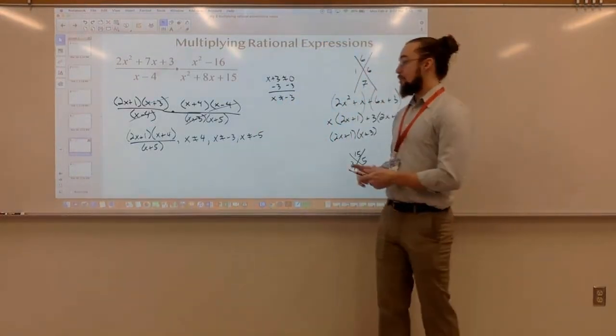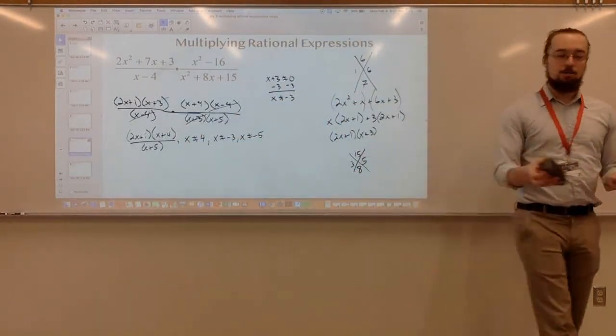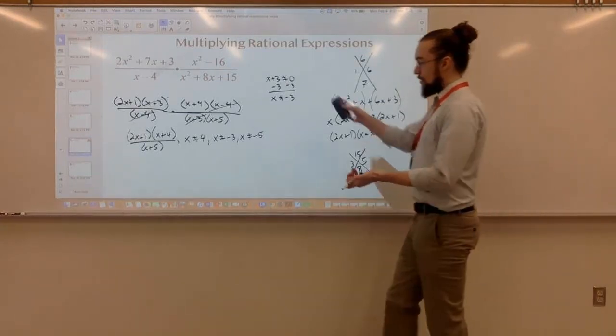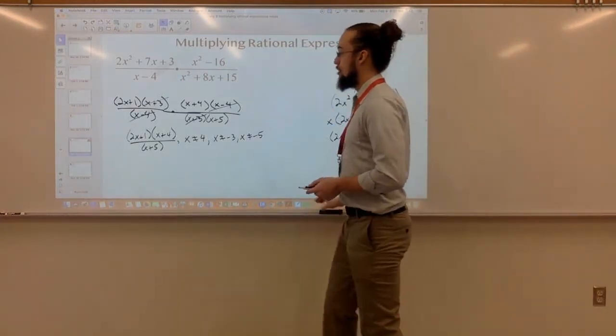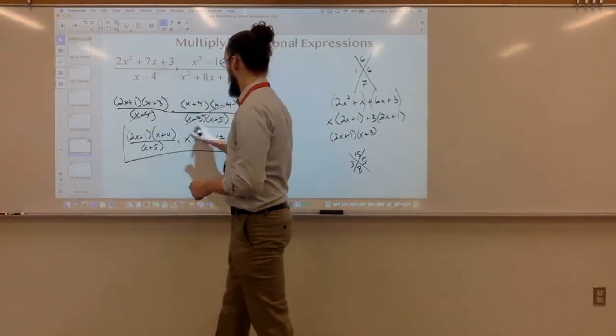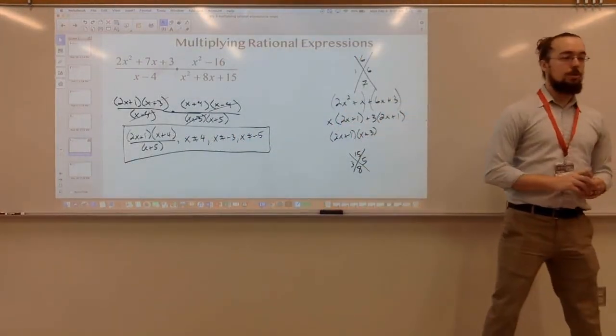On some of these, we should be able to just recognize what value would make that equal to 0, but sometimes it'll be a little bit trickier. So this whole thing is my answer: the simplified fraction and the restrictions.